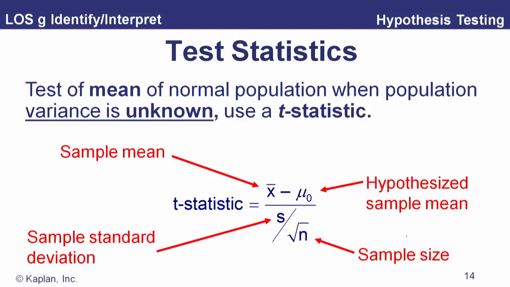So we take the difference between our sample mean and the hypothesized mean. In the denominator, we've got our sample standard deviation S, but we're talking about a test of the mean. So we need to use the standard error and divide S by the square root of n, our sample size.